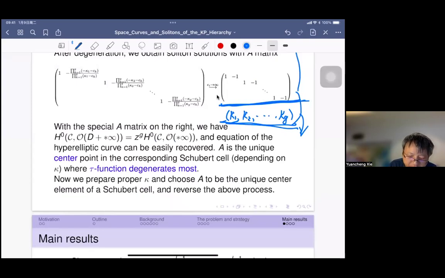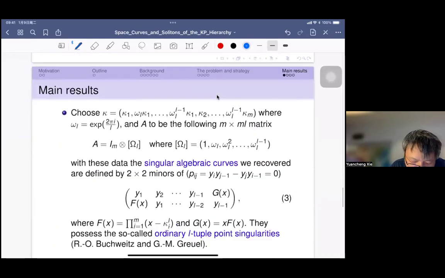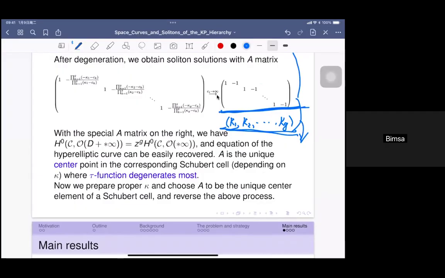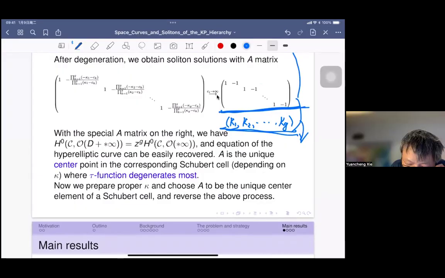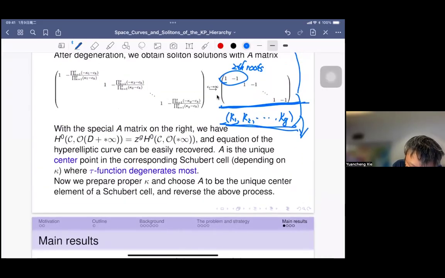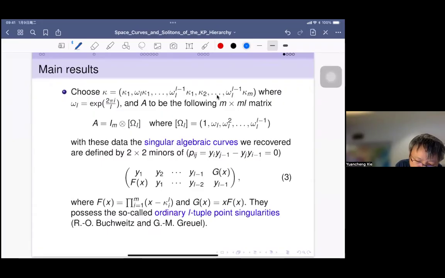So now we want to do something more general. We observe that we have 5 minutes left. Okay, I will use these 5 minutes to get to the point, hopefully. So this is the case of the 2nd roots of unity. Now we cook up more general matrices that use the l-th roots of unity.